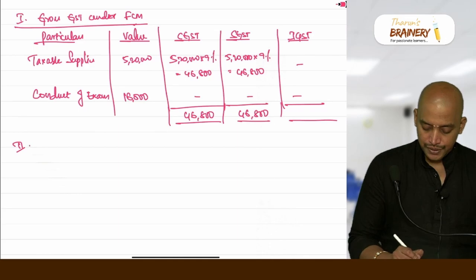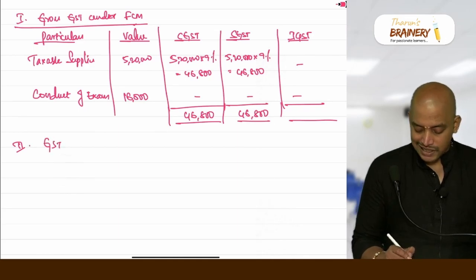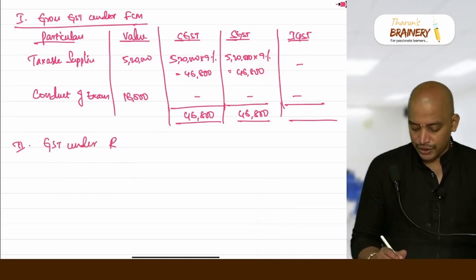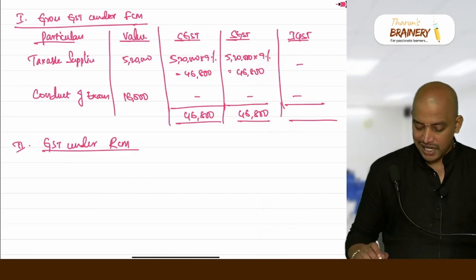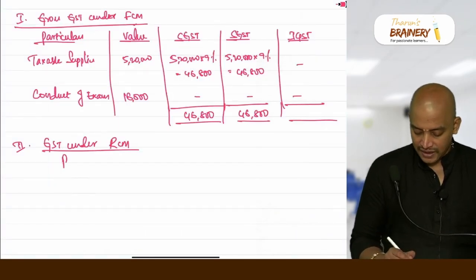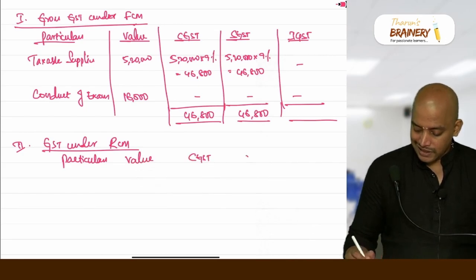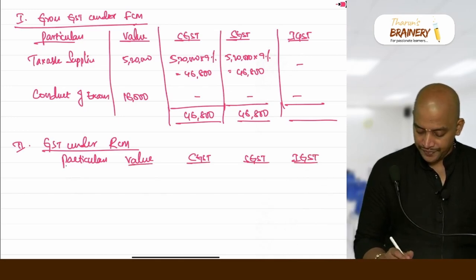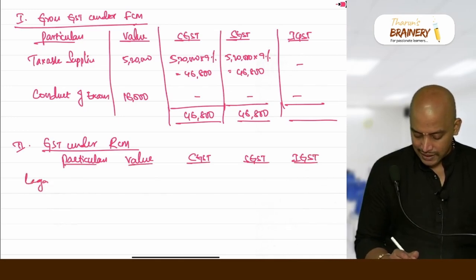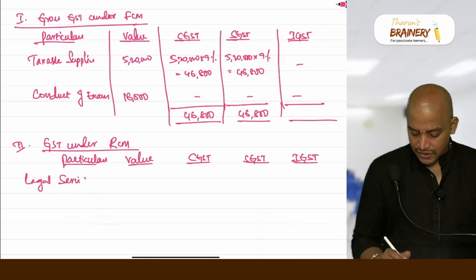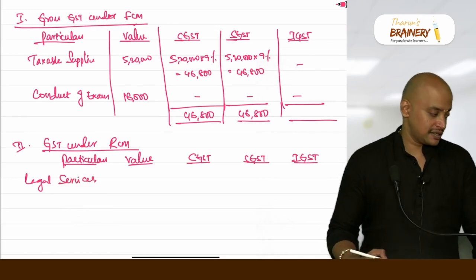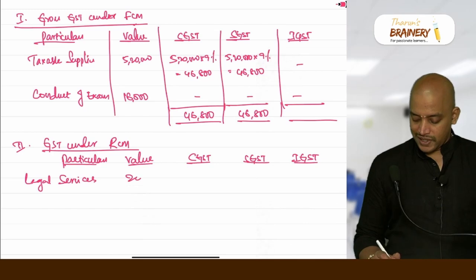Number 2, GST under RCM. There are two things on which we pay GST under RCM. Particulars, value, CGST, SGST, IGST. What is the first one? Legal services. What is the value of these legal services? 20,000.